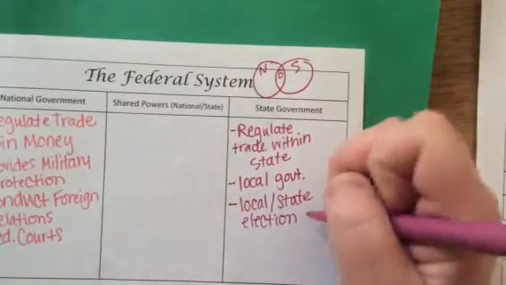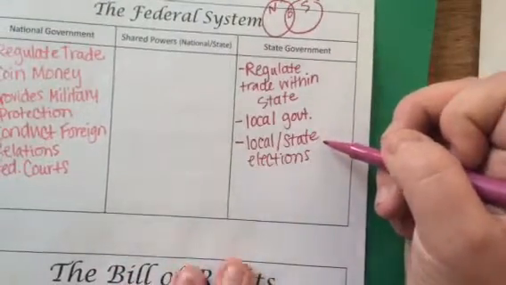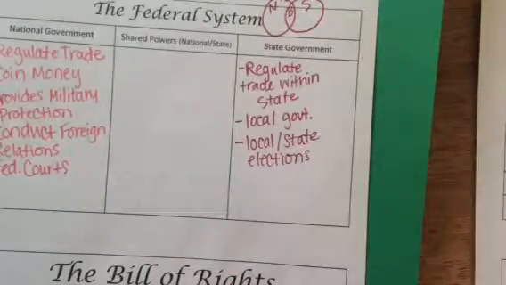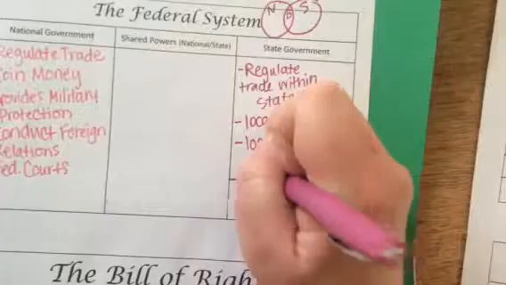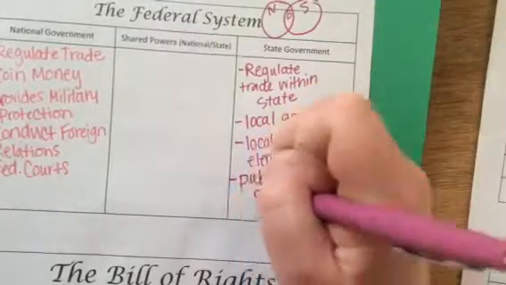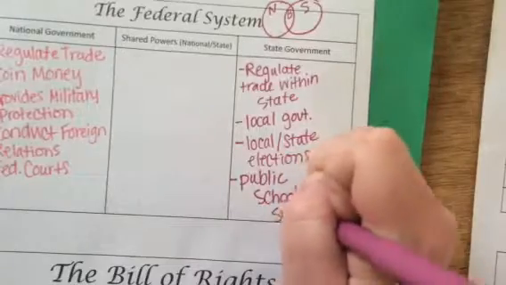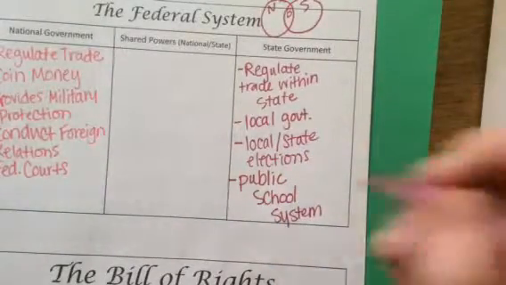We also hold federal elections, but the state is responsible for registering voters, keeping them registered, providing a place for them to vote. And also, the state is in charge of the public school system, which is why we have the STAAR test, because that's managed by the state of Texas and not the federal government.